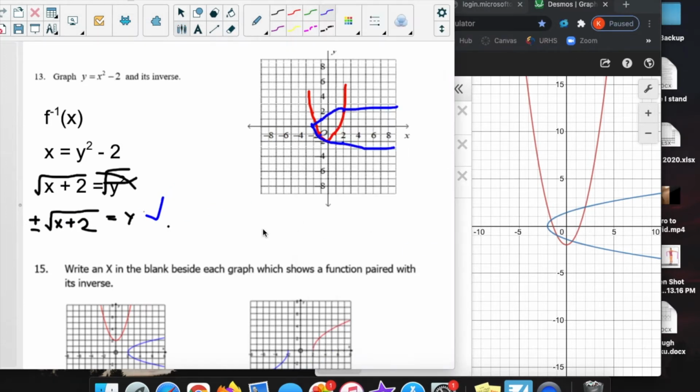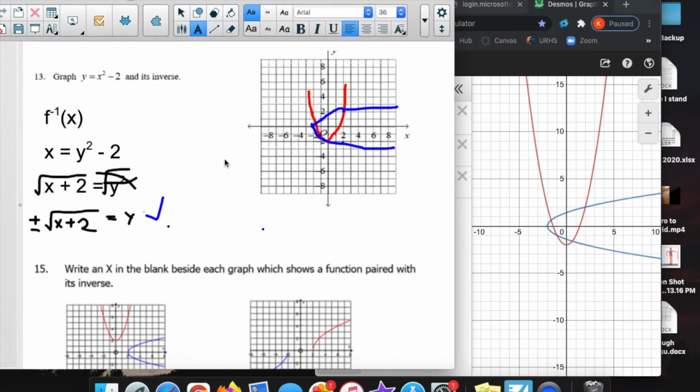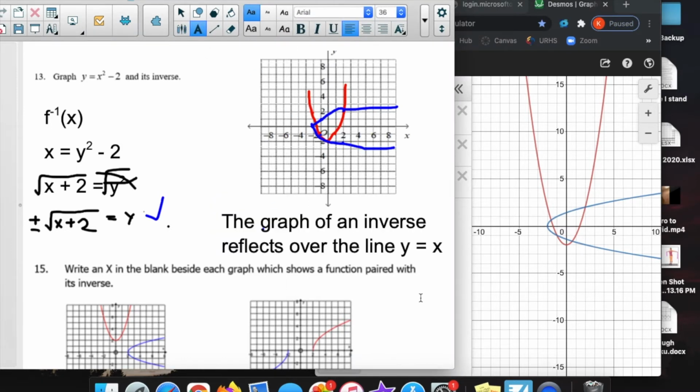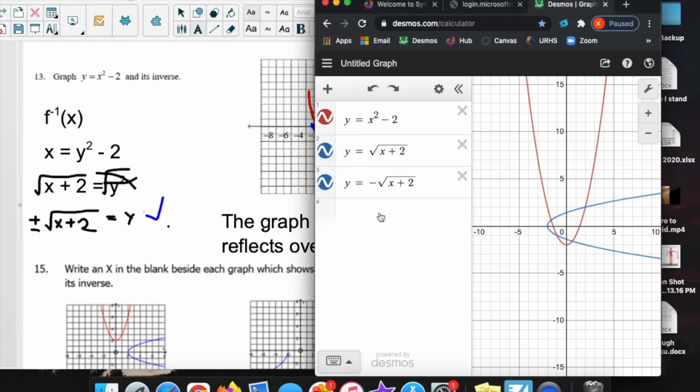What happens with inverse function graphs is that the graph of an inverse reflects over the line y equals x. Let me put that line in here, which will help you see. I want you to notice the original red parabola in its relation to the line y equals x.